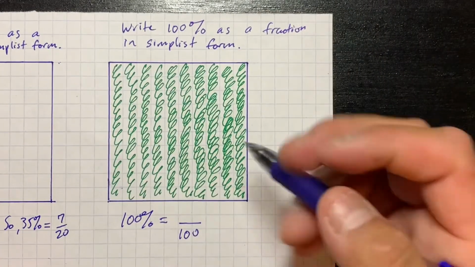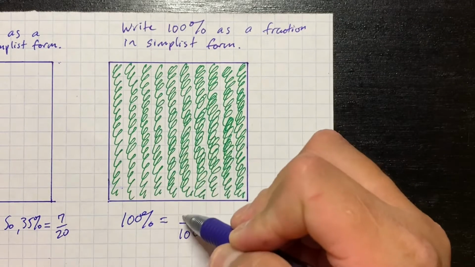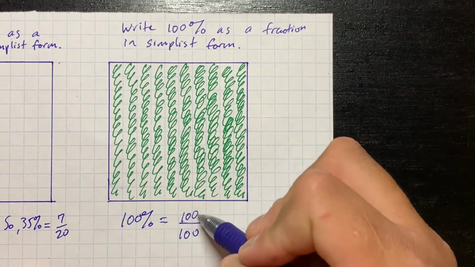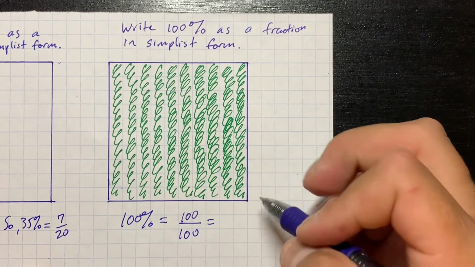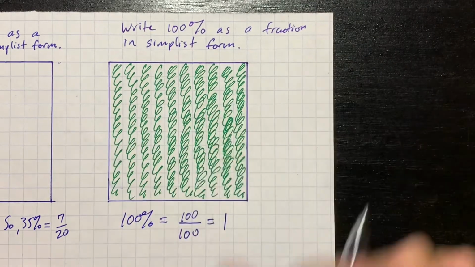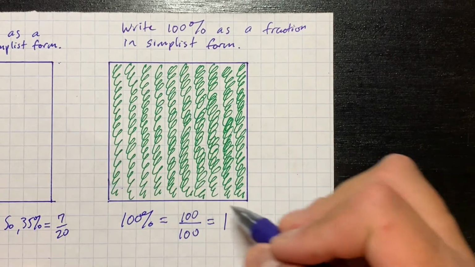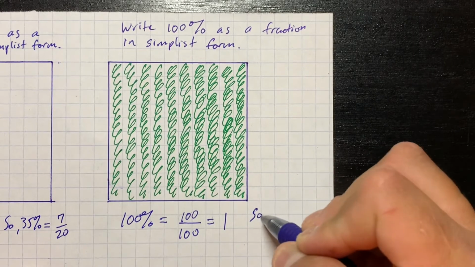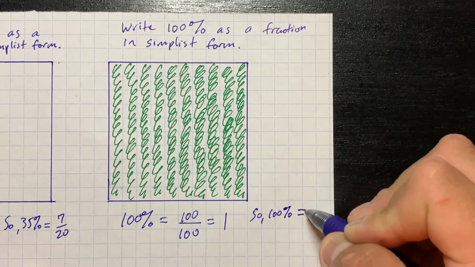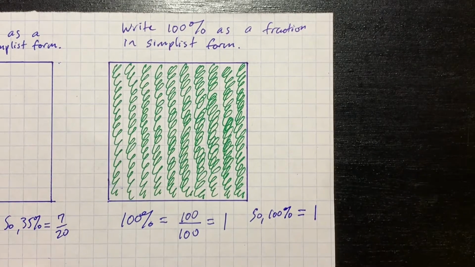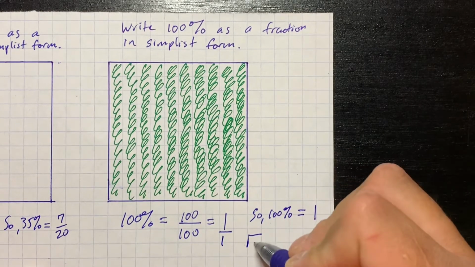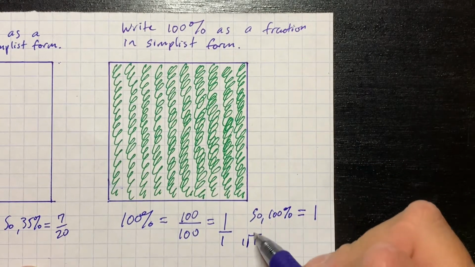All 100 are shaded, and 100 divided by 100 is one whole. So the whole thing is shaded. So 100% is equivalent to one whole. Even if we do it like 1 over 1, 1 can go into 1 one time.